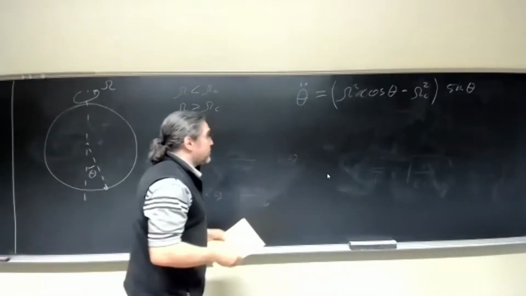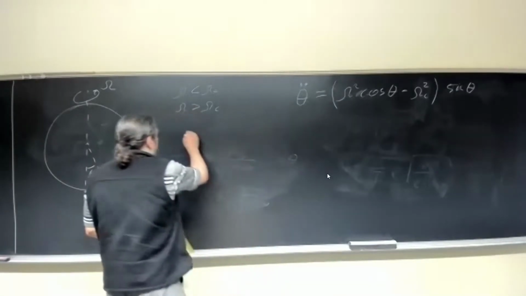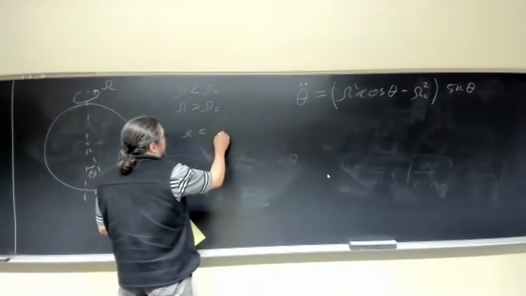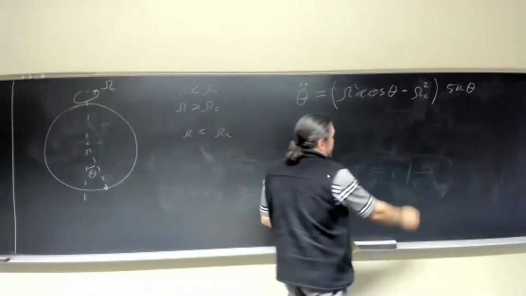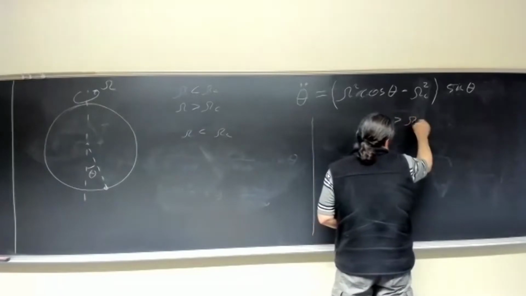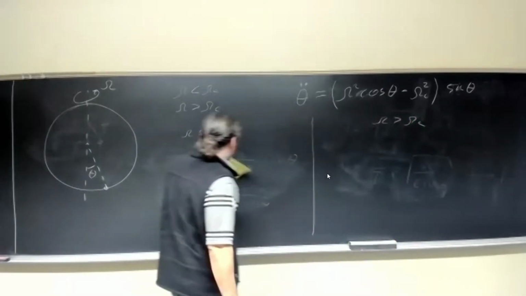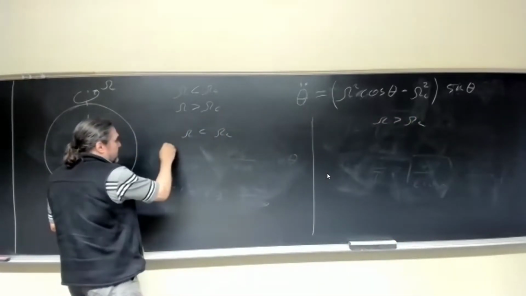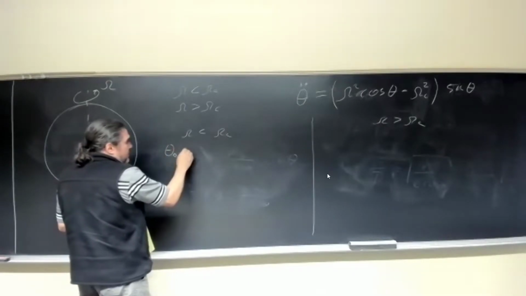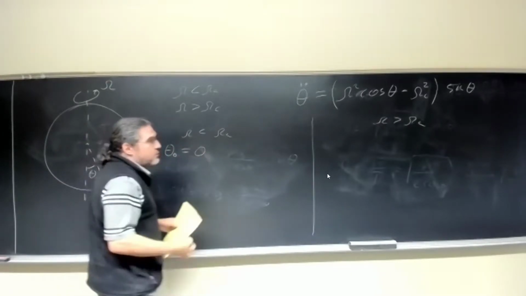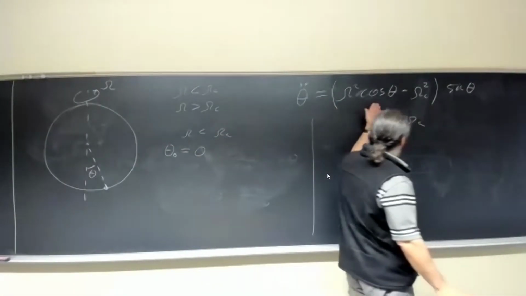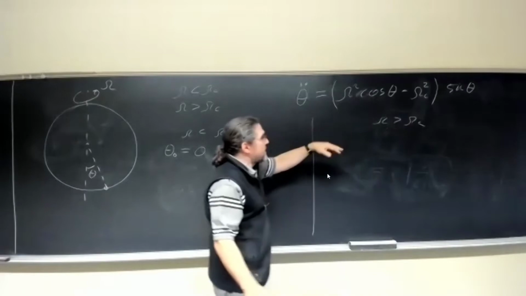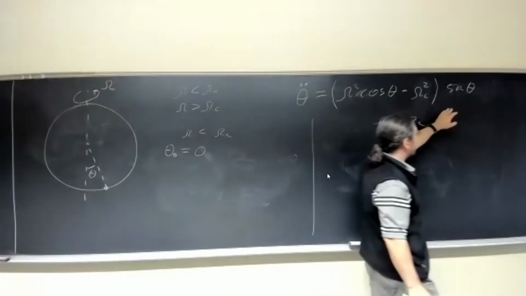All right, now you need to consider two cases separately. Omega is less than omega critical, that will be one case, and the other case will be omega larger than omega critical. In this case, we know that the equilibrium position theta naught equals 0. So all we need to do now is take this function and do a Taylor expansion around theta equals 0.